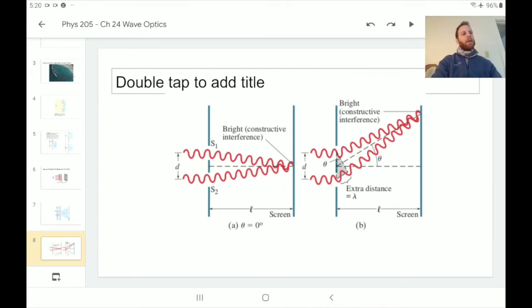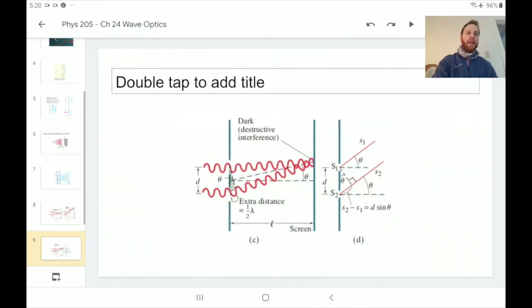In addition to that, you'll get other spots where it's bright, as long as you move far enough up that the path lengths from the first slit and the second slit are offset by a full wavelength. On the other hand, if you look at a spot where the path lengths from the first slit and the second slit are offset by half of a wavelength, then you'll get a dark spot. In other words, you'll get destructive interference.